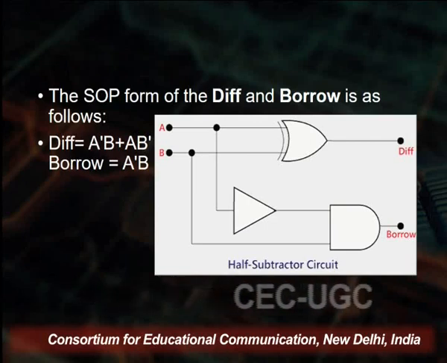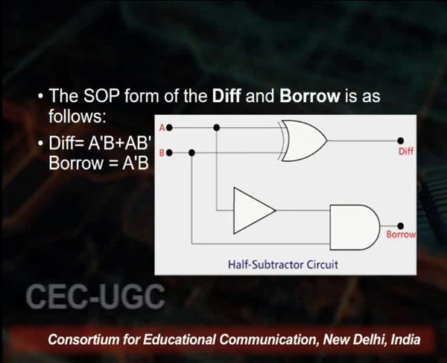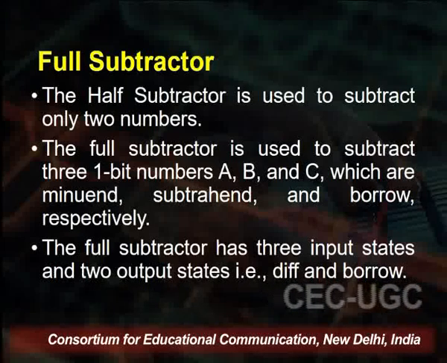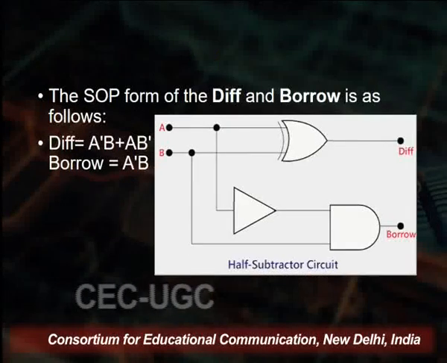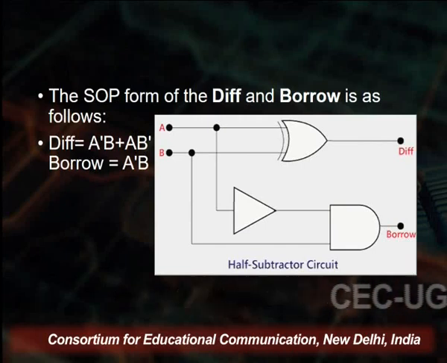Now similar to this, we also have drawbacks with this half subtractor circuit. What is this drawback? The drawback is that it is used only for 2 numbers. So what do we do in that case? We need to expand this half subtractor circuit into a bigger circuit which is capable of handling more than 2 units.